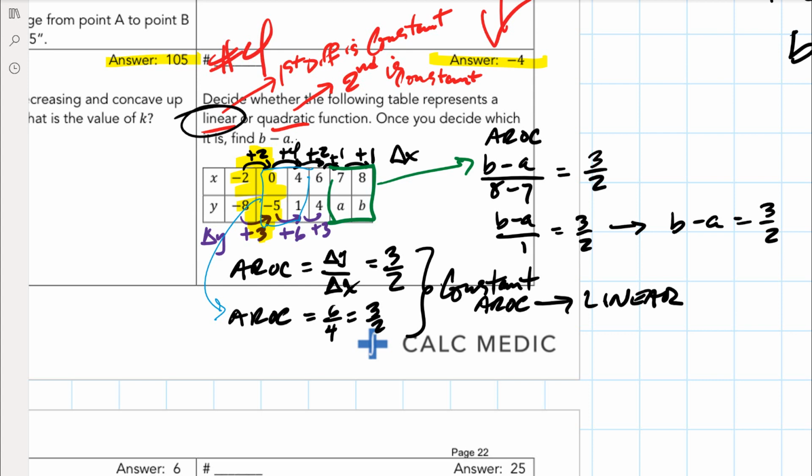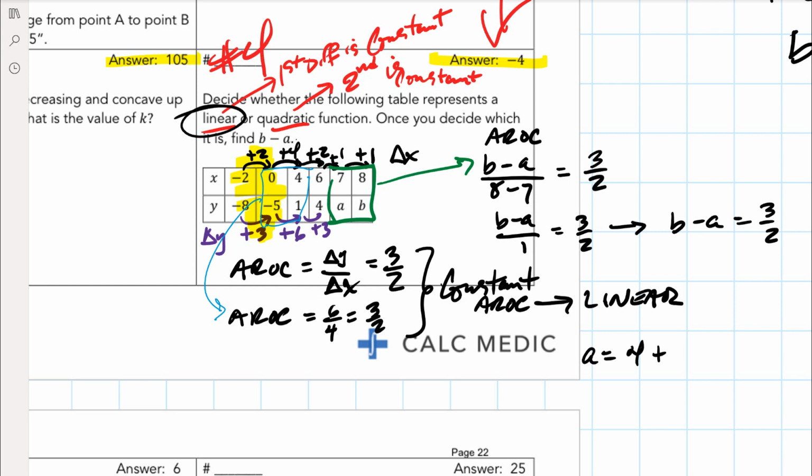So A. Oh, okay. So what do you add to 4 to get to A? That's what we need to do. So let's talk about A. So A is equal to the previous one, 4, plus something. Okay, and guess what? It is the average rate of change there. So that's plus 3/2 times a change of 1.